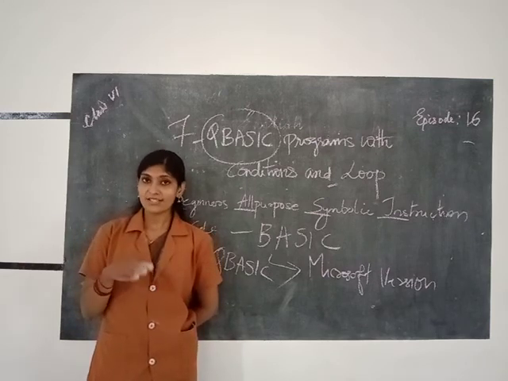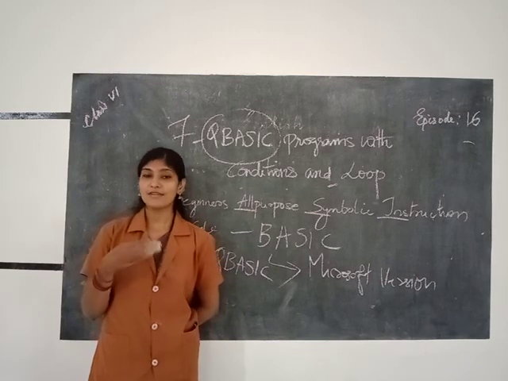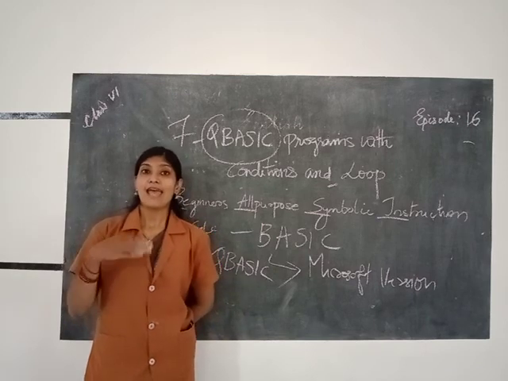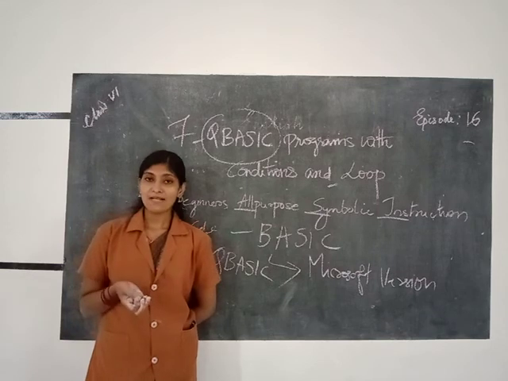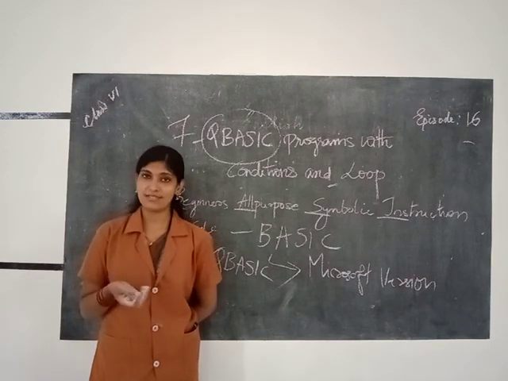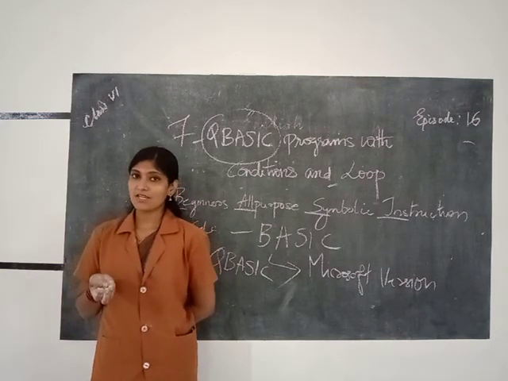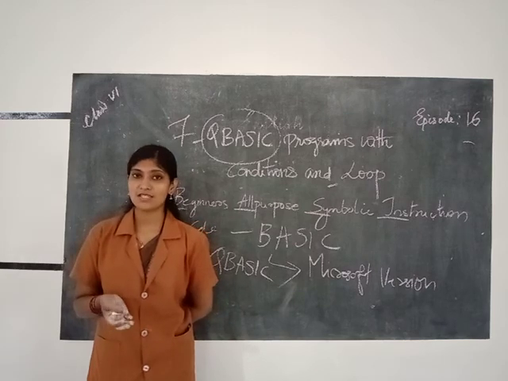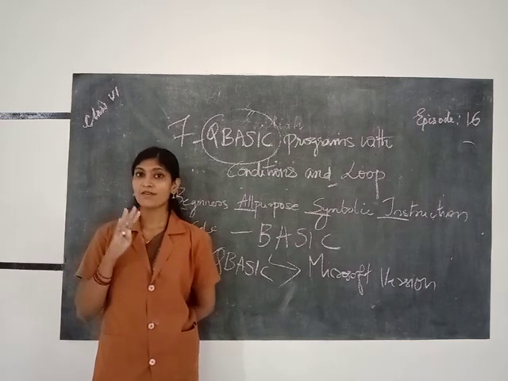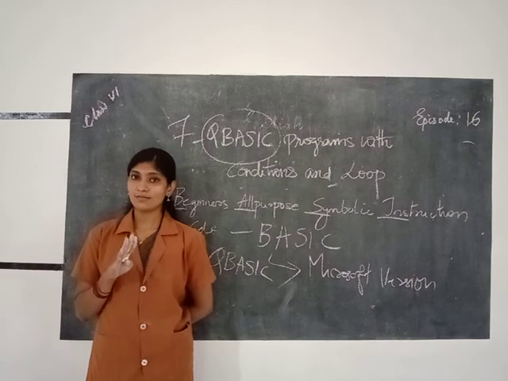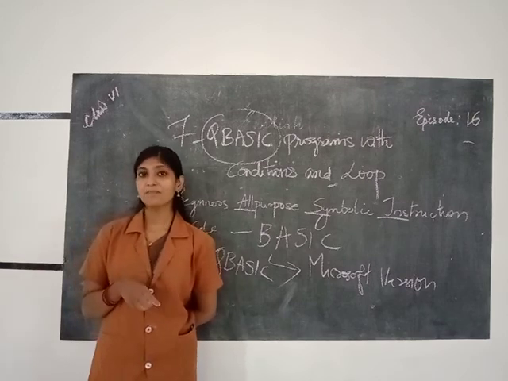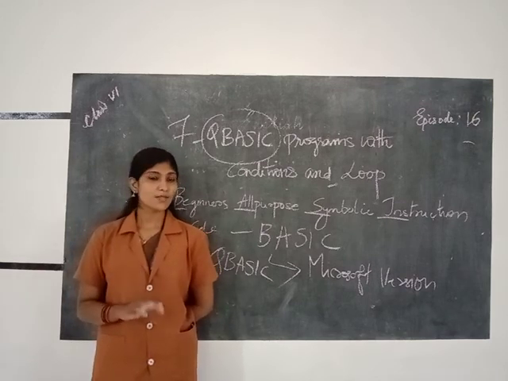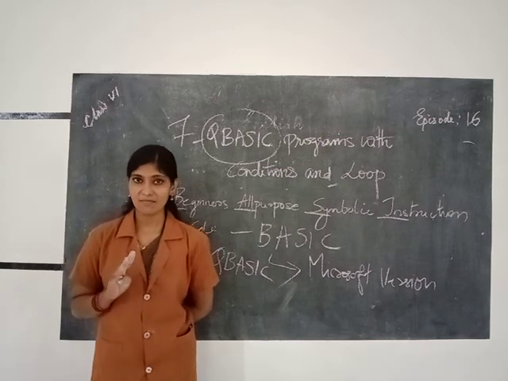To do our work easily, accurately and rapidly, we need machines. To program a machine means to train that machine to do our work accurately and smoothly. So we need a programming language.